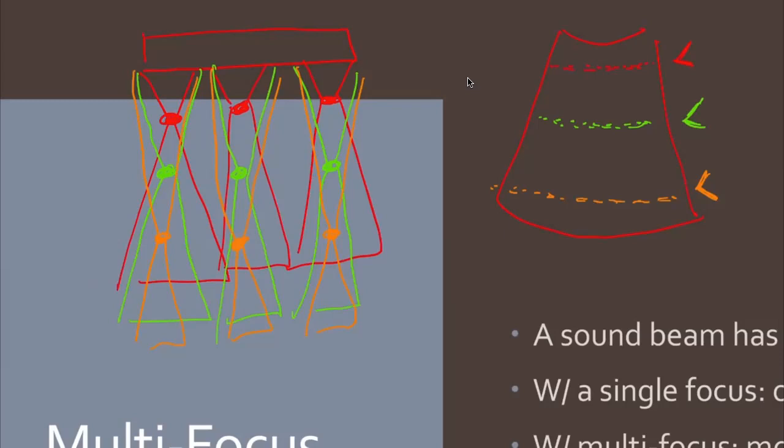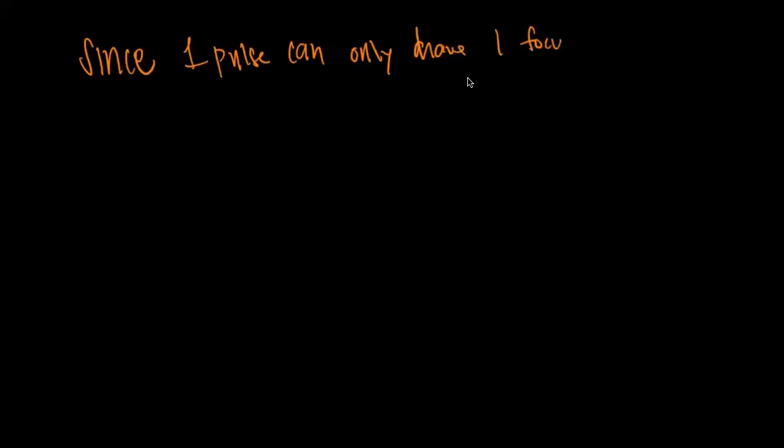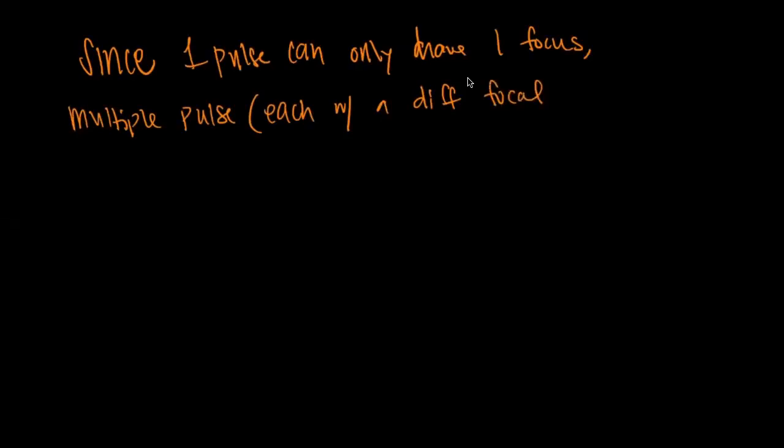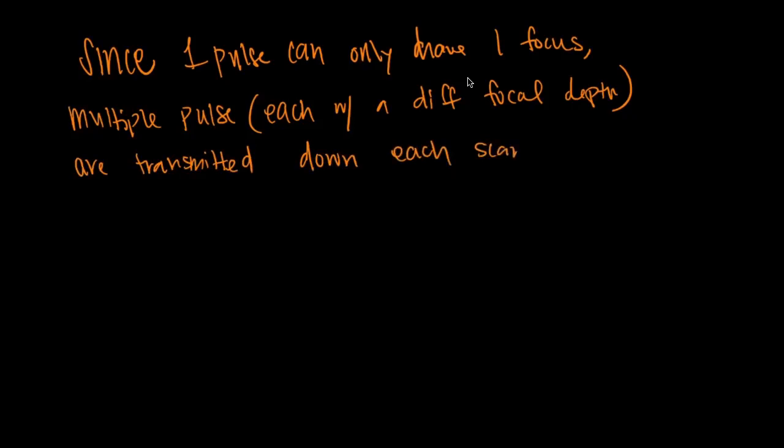In other words, to understand how multi-focus is accomplished: since one pulse can only have one focus, multiple pulses, each with a different focal depth, are transmitted down each scan line. Remember I told you scan line is like path.